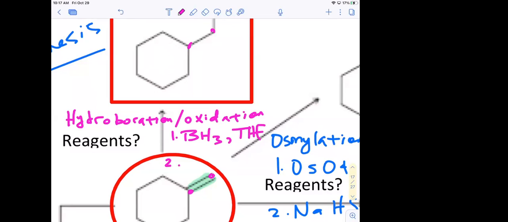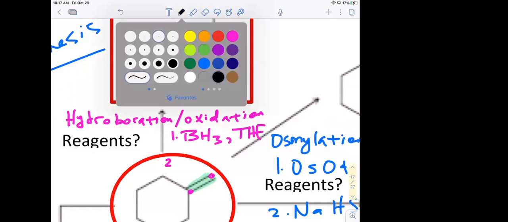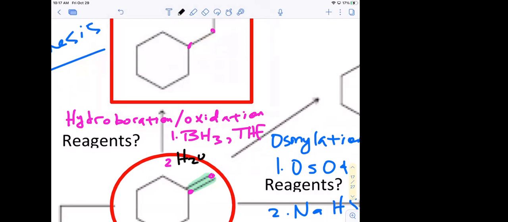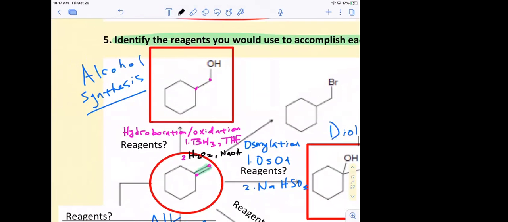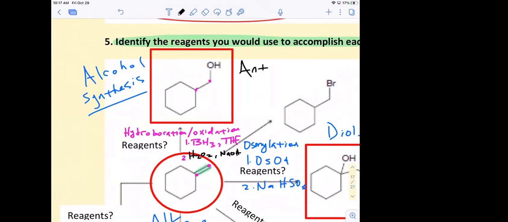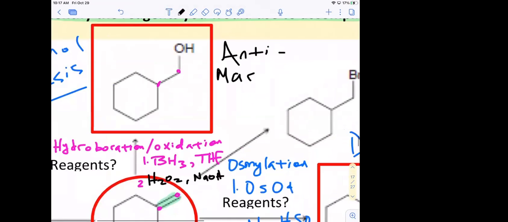And then the second step, hydrogen peroxide, followed by sodium hydroxide. That will give us anti-Markovnikov addition of H and OH.